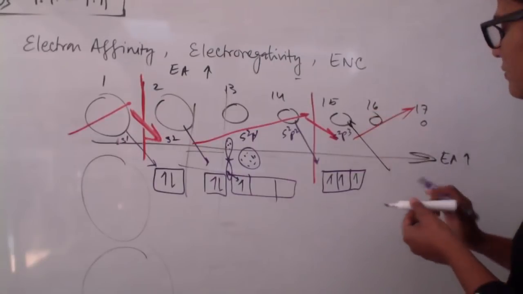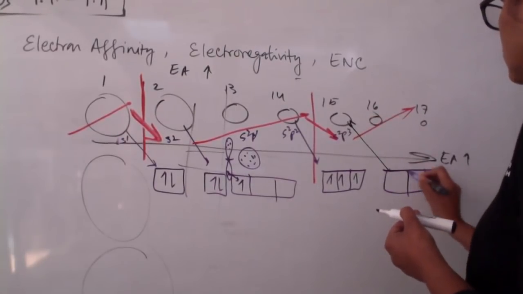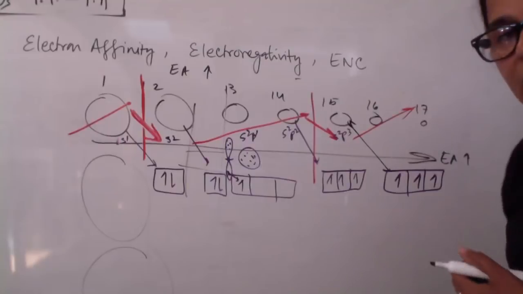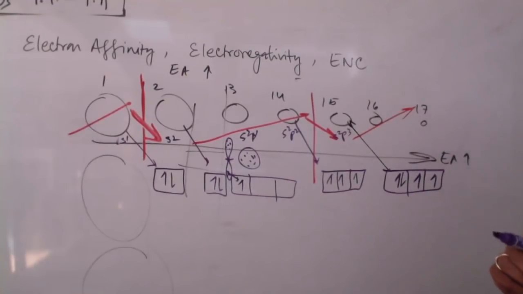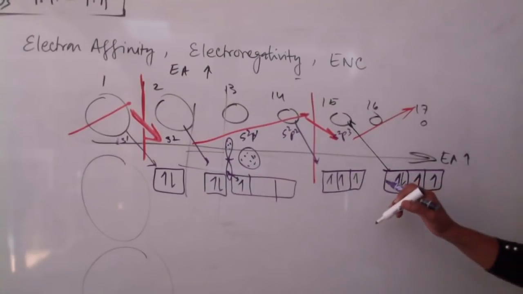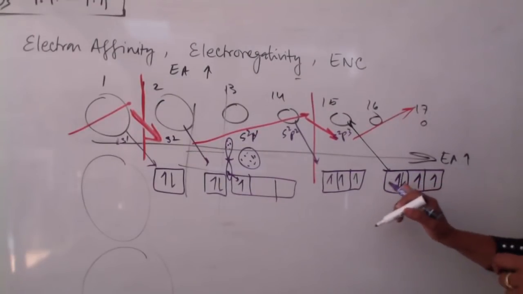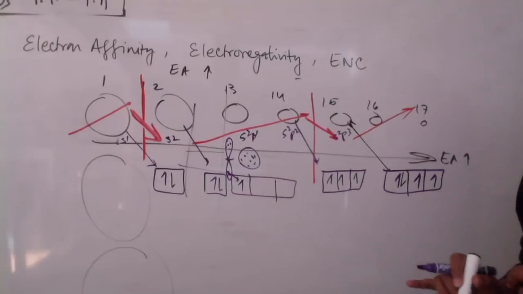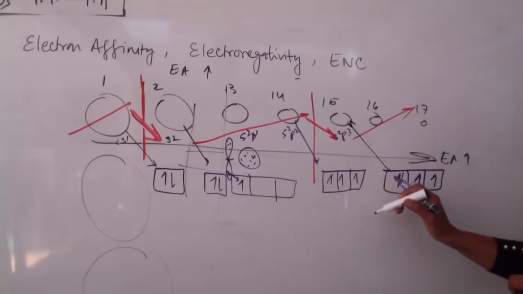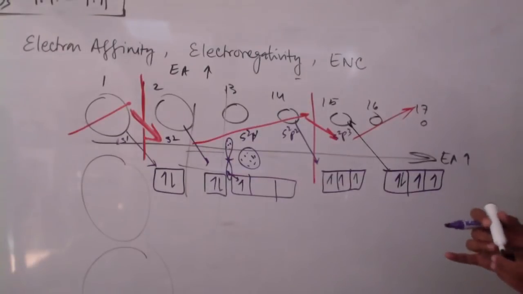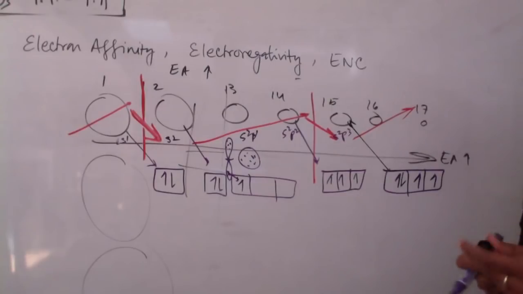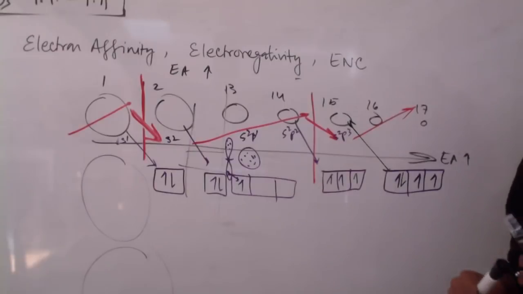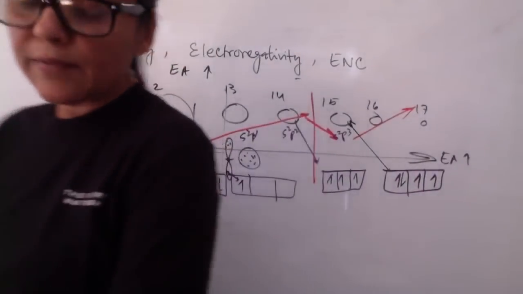But in group 15, when you are adding the electron, the P is already half filled, so you're adding the electron to an already occupied orbital. Due to electron-electron repulsion, it'll be harder to push this electron in, and you'll have to put energy in to add that electron. It's naturally not desired. That's why there is a slight dip in electron affinity between groups 14 and 15.